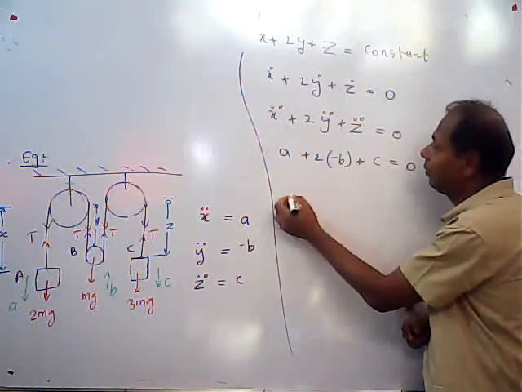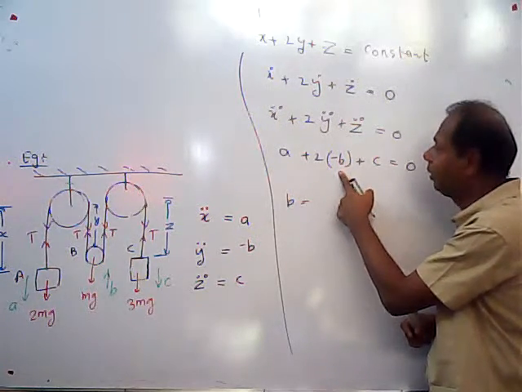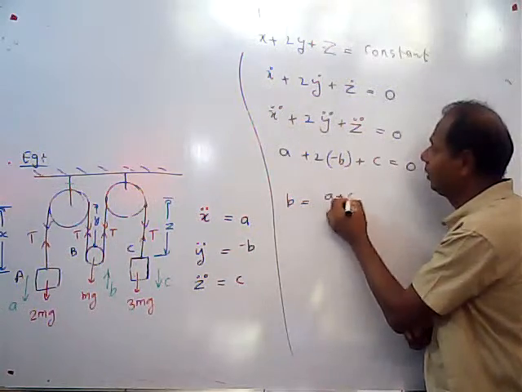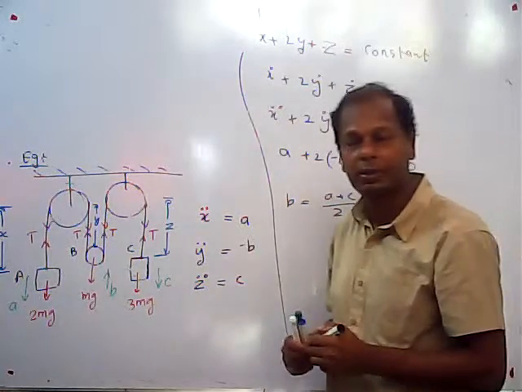So this gives an equation. If you want, you can make b the subject: b equals a plus c over 2. So we get some equation here.